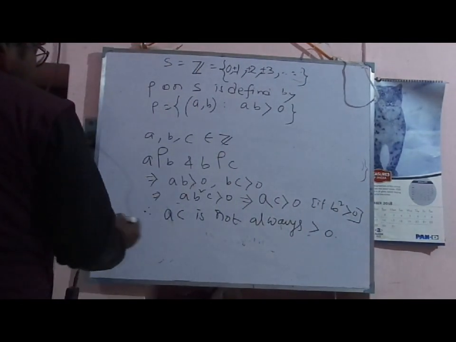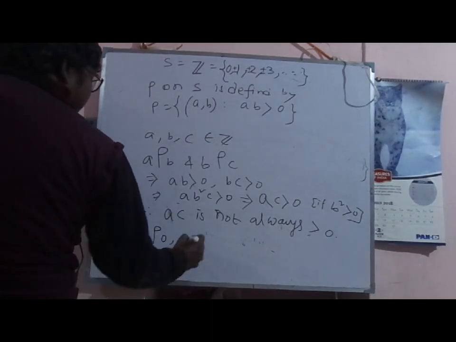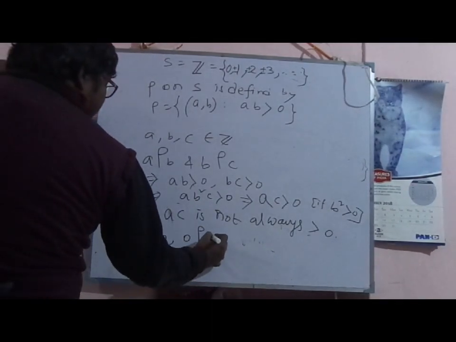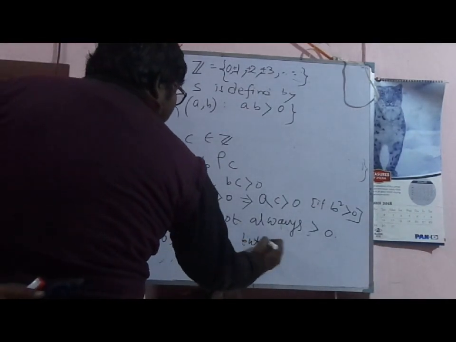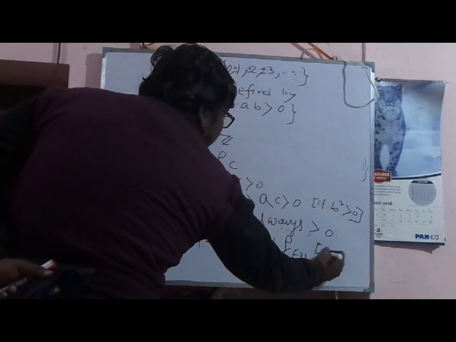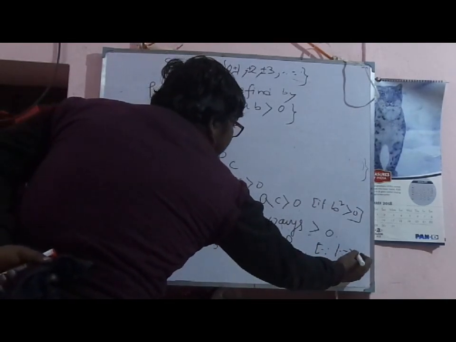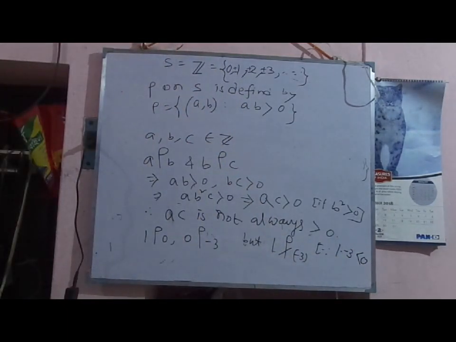For example, 1 is related with 0, and 0 is related with minus 3. But 1 is not related with minus 3 since 1 times minus 3 is negative. Therefore, this is not a transitive relation.